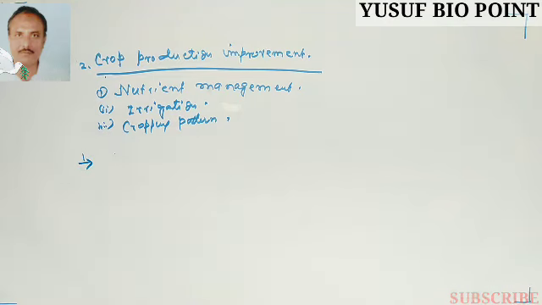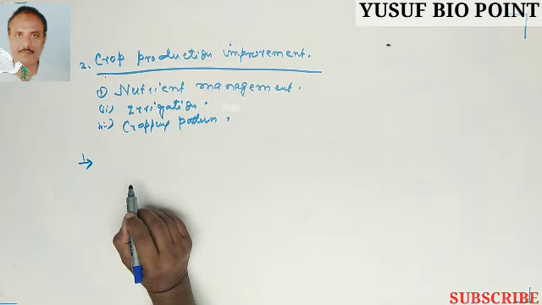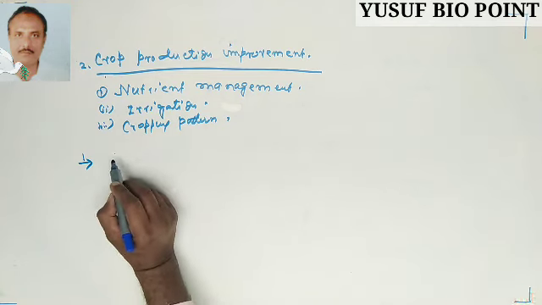We know that nutrients are essential for the plants, which they take from the soil. And these are classified into two parts according to essentiality.